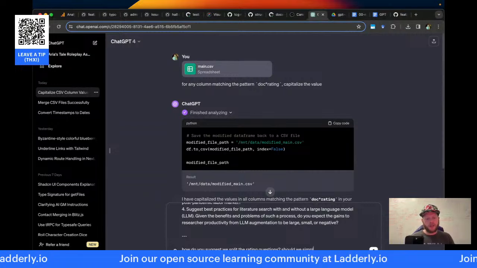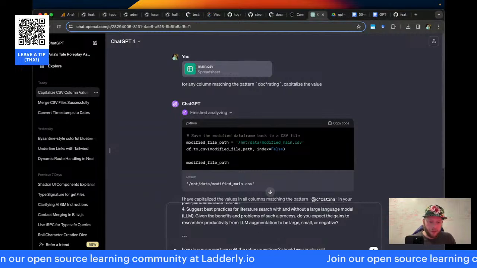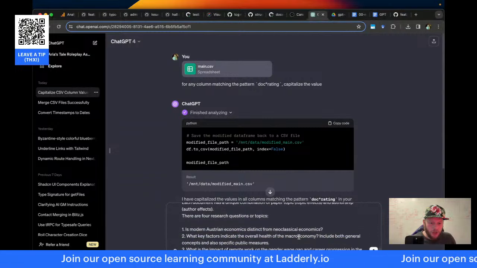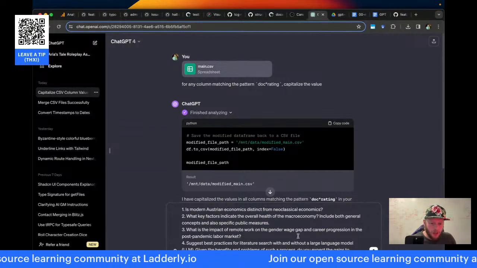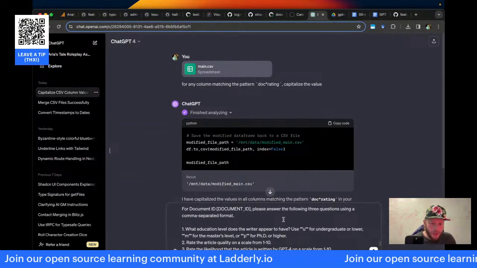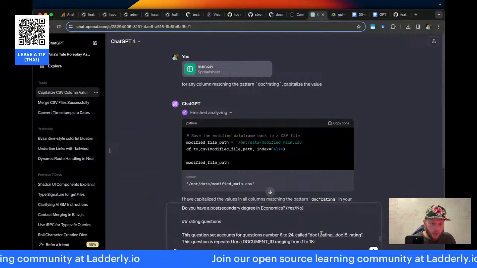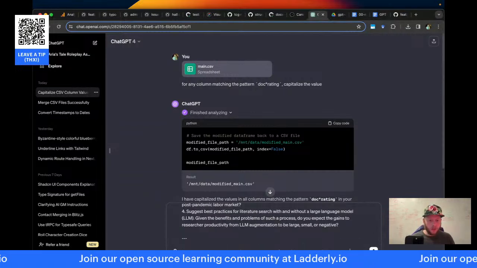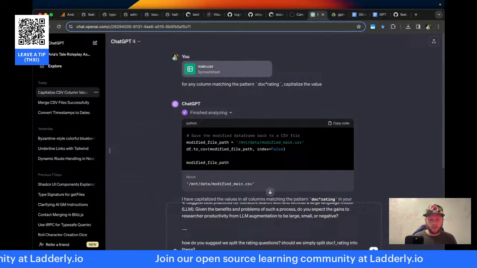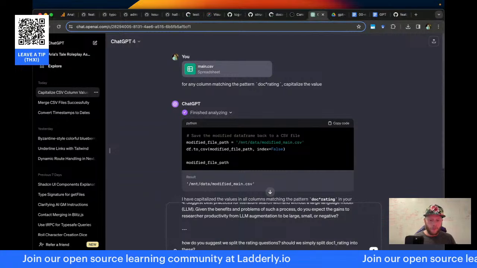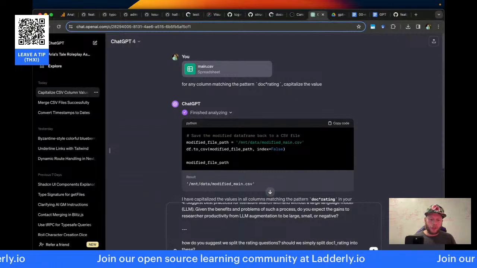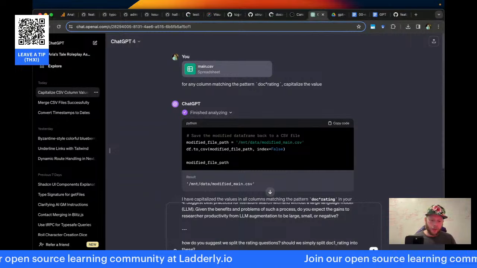Should we simply split, let me give one example, Doc 1 rating into these: Doc 1 rating underscore edu, writer edu level.